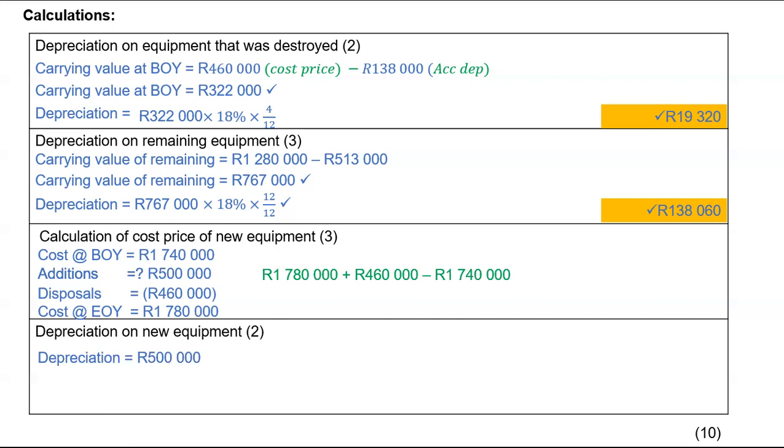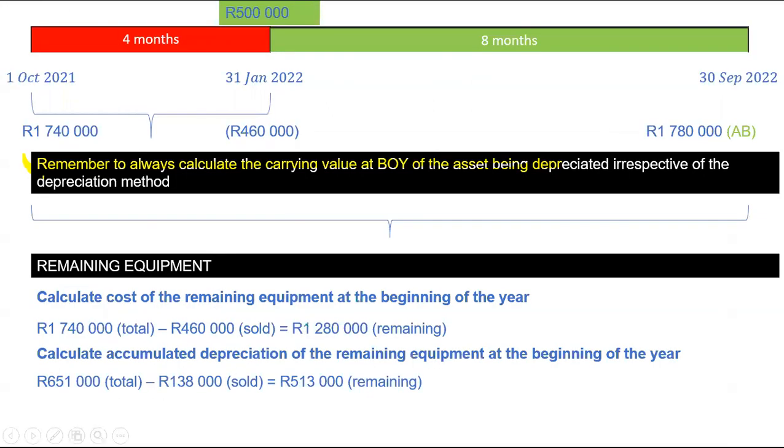So on the 1st of February, the carrying value was the cost price, which is 500,000. Times it by 18%, times it by 8 over 12, because we used it only for 8 months. It is the one that I highlighted in green here. We've had it only for 8 months, so we've only used it for 8 months.